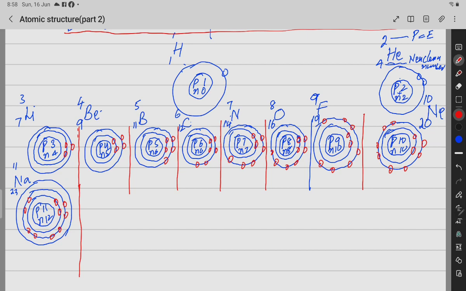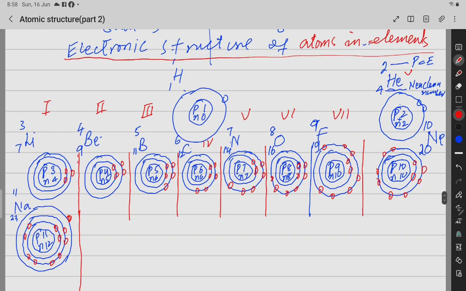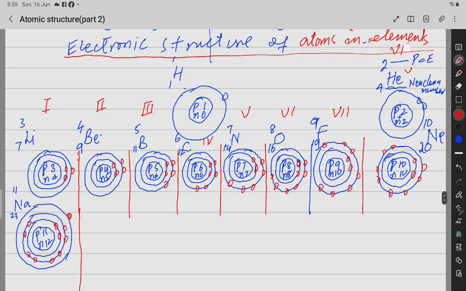And this is the valence shell or outermost shell, and the outermost shell has 1 electron because it is present in group 1. This is group 1, group 2, group 3, group 4, 5, 6, 7, and 8, so we can say 8 groups.